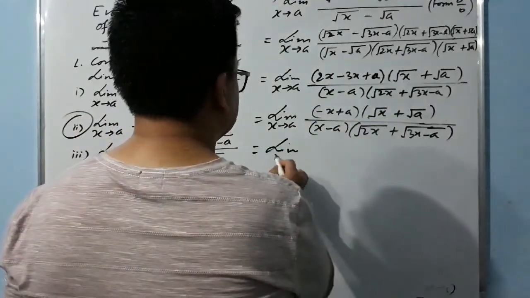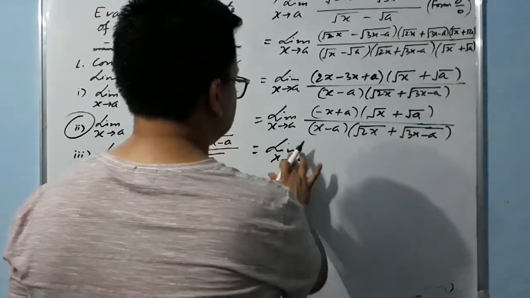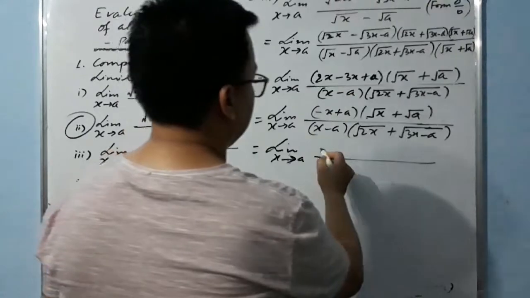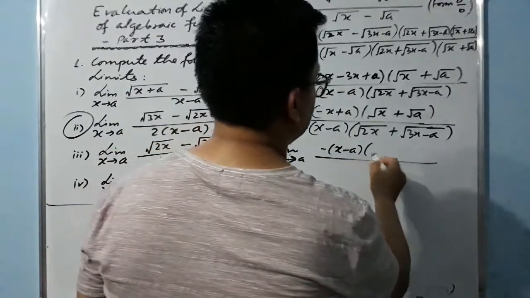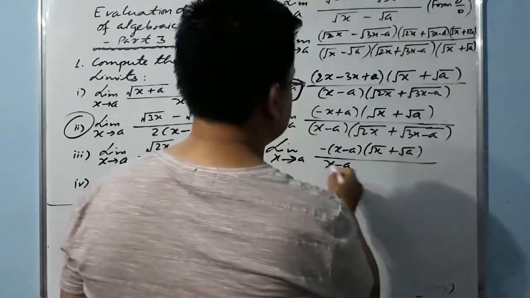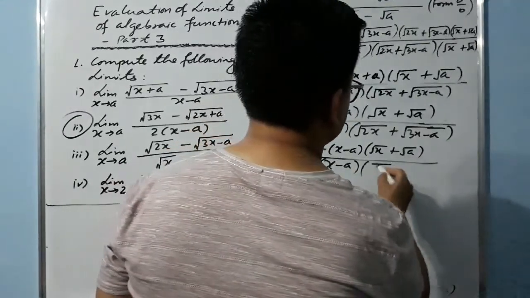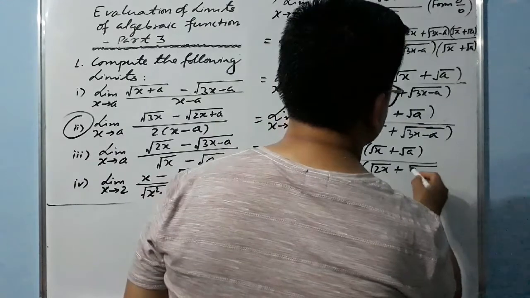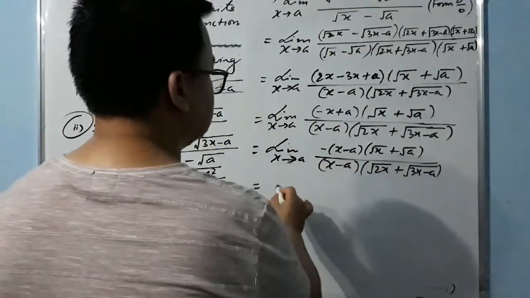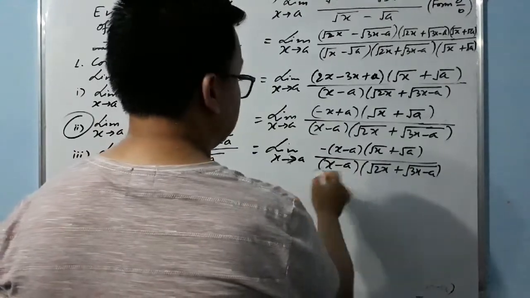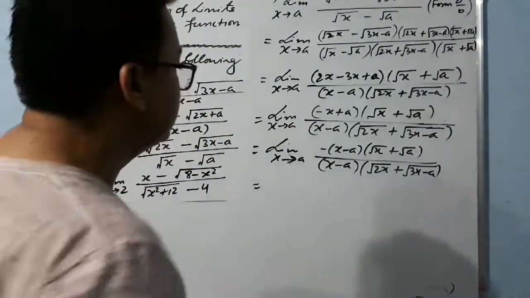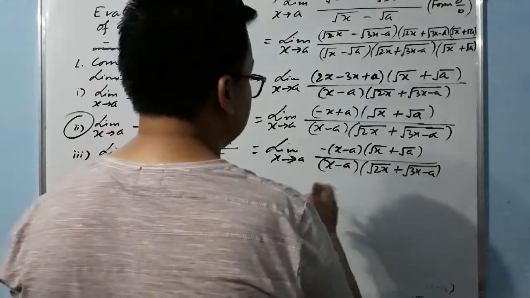Now limit x tends to a. Here minus common x minus a over root x plus root a, and here x minus a, and root 2x plus root 3x minus a is equal to, now they will cancel out because x minus a is not equal to 0 as x tends to a.